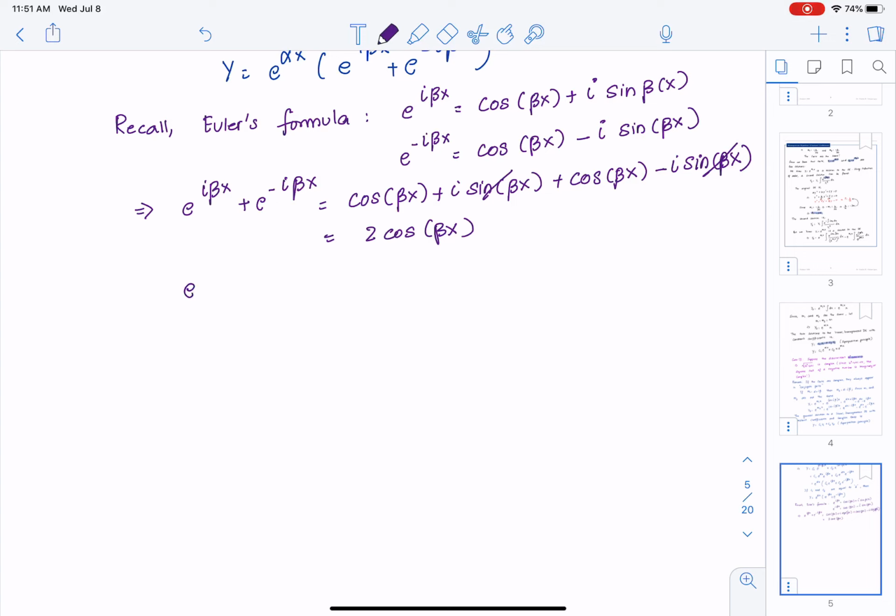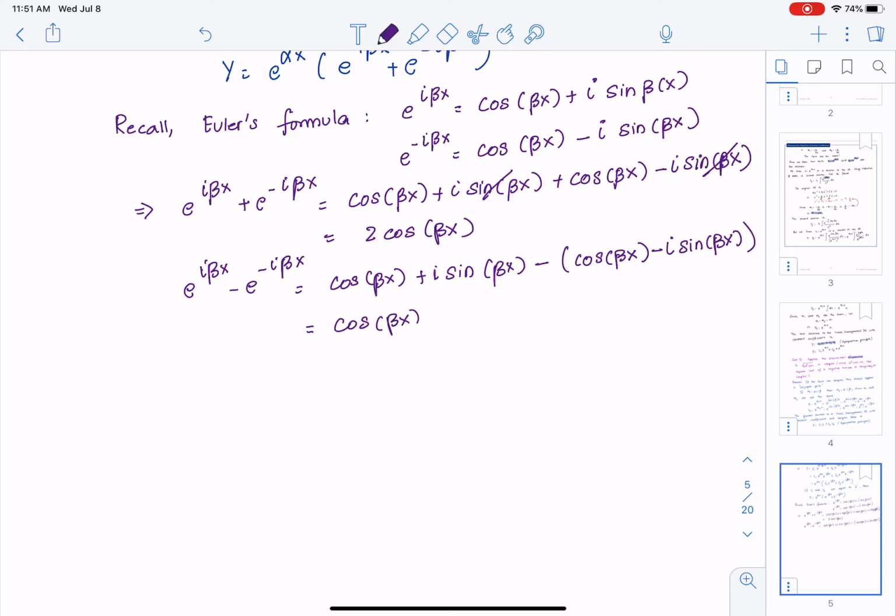And if I subtract the two equations in Euler's formula, I would have cosine beta x plus i sine beta x minus cosine beta x plus i sine beta x.